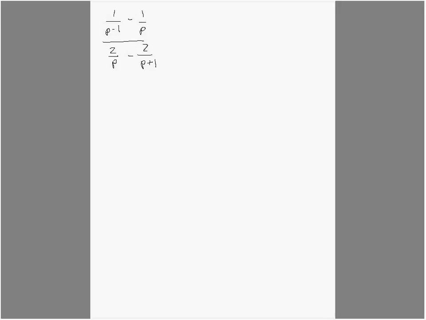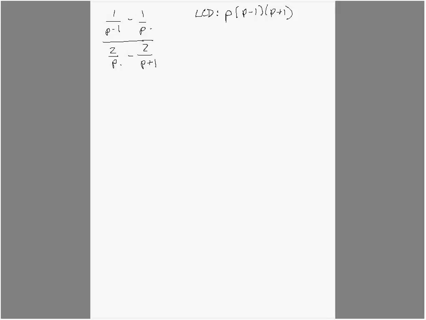Using the same method that we used on the last one, we'll figure out what our LCD is. Okay? So the LCD includes all of the factors of all of your denominators. So it looks like we've got a p in there. That'll cover this one and this one. And a p minus 1 and p plus 1.